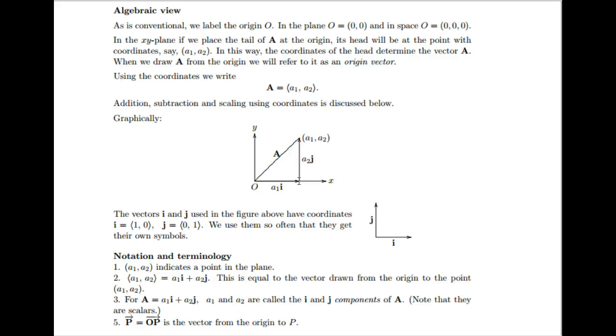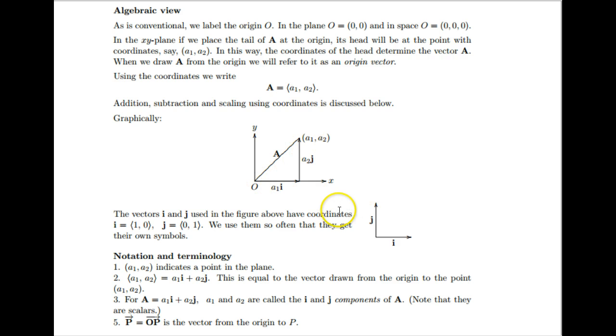And then if we have a vector J that has exactly a length 1 going in the y direction, and we multiply that by A2, by our y coordinate, then we're going to go up exactly A2 in the y direction. If we add together A1 times I plus A2 times J, we get our vector A again.